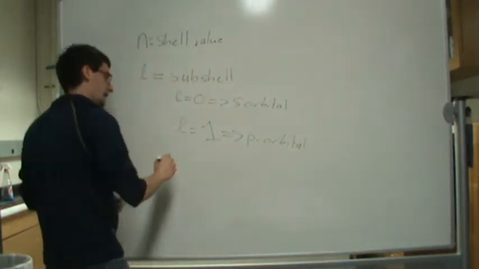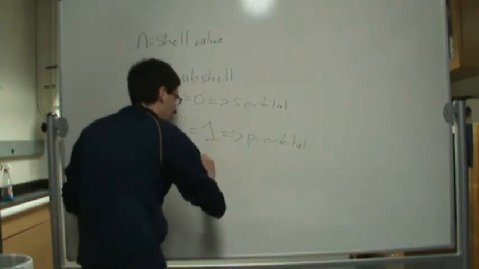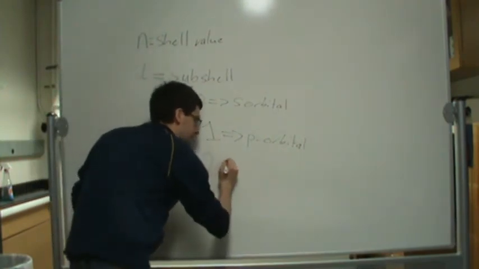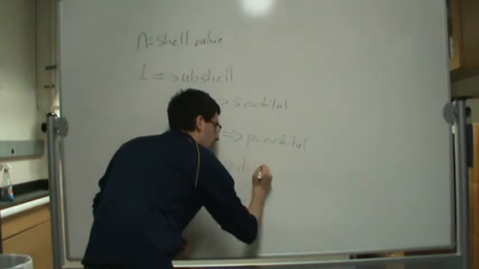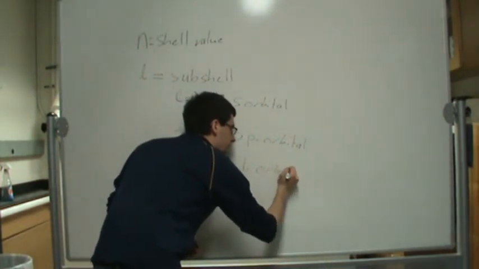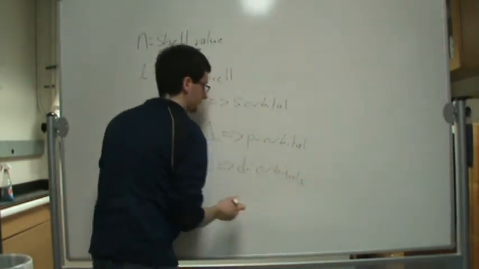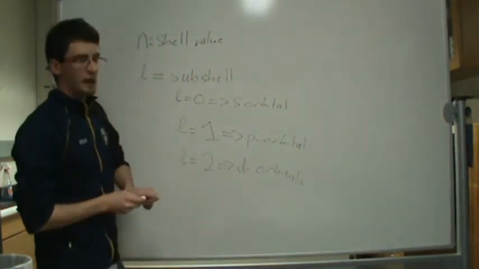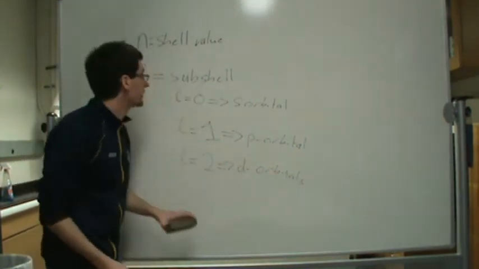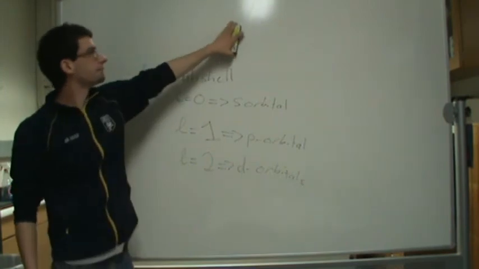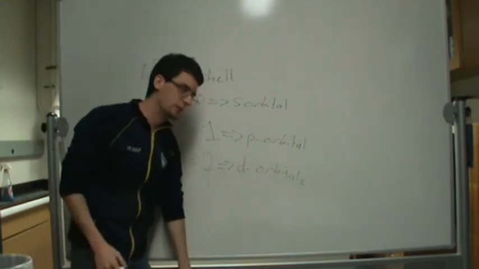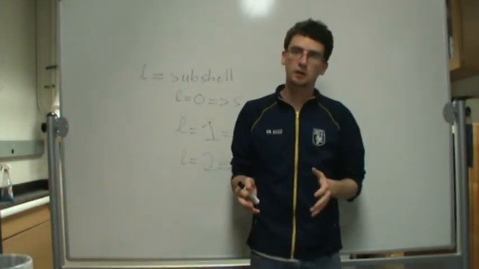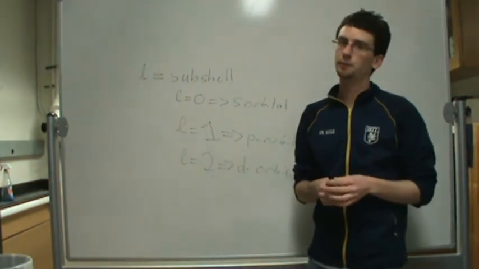And then if we have an L equal to 2, we're talking about the d orbitals. Next, what does our ml value actually mean? Well, our ml value is talking about the specific orbital that we're talking about.